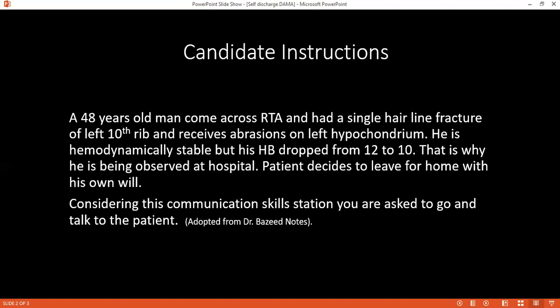Yes, you did tell, but then the patient made you tell. Right, and then you will not give any medication to the patient, because the patient is going home of his own will. And if anything happens, then the patient has to come back.